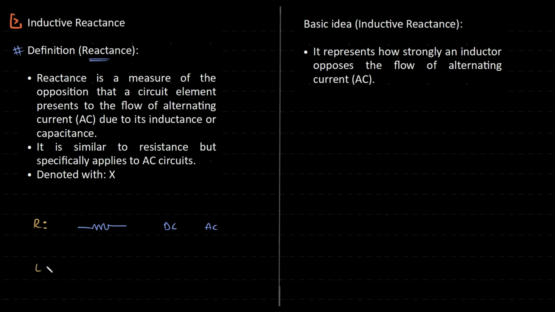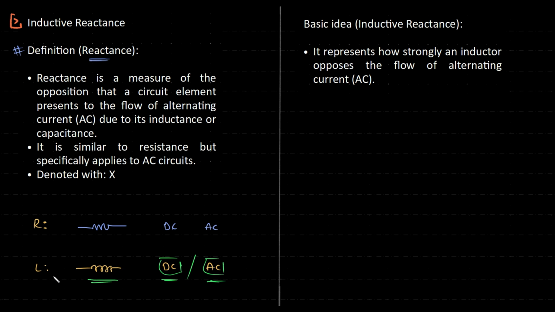When we talk about an inductor, in DC and in AC, they don't behave the same actually. The behavior in DC, direct current, and in AC is different. To be honest, we can tell your inductor offers some kind of resistance to AC rather than DC. In DC it does, but not to the extent of what it does to AC.